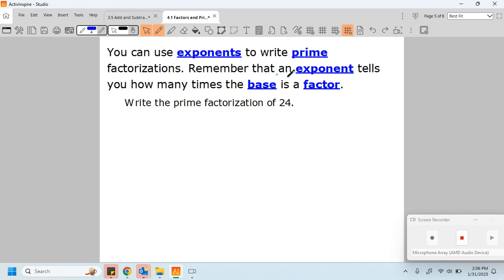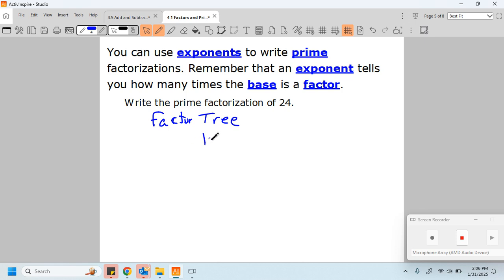Remember that an exponent is a little number up in the corner that tells you how many times the base is a factor, or how many times you multiply that base times itself. To do prime factorization, we use what is called a factor tree.